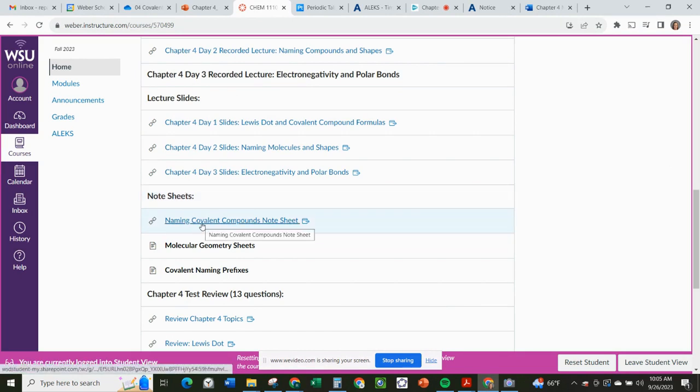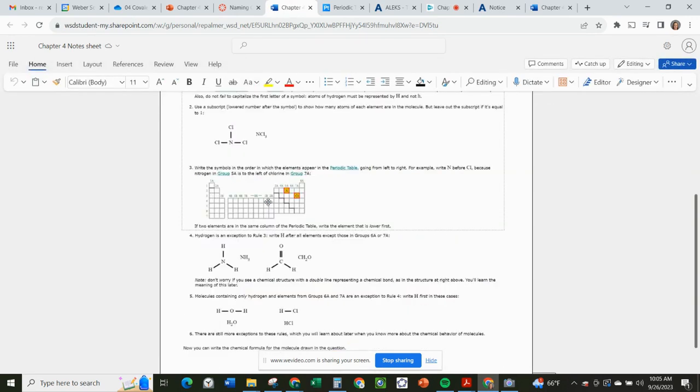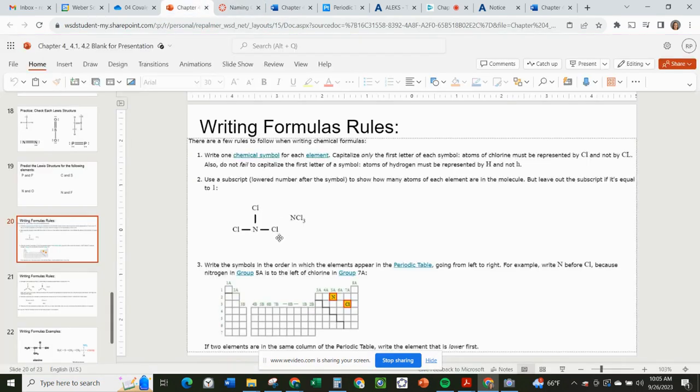If we click on this note sheet, it has the rules written down for you. You can write these all down, or you can reference this note sheet. These rules are just from Alex, so this is what Alex is going to be looking for. And generally, this is really what we are doing as chemists also.